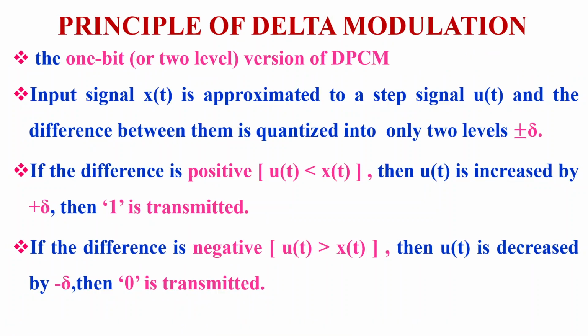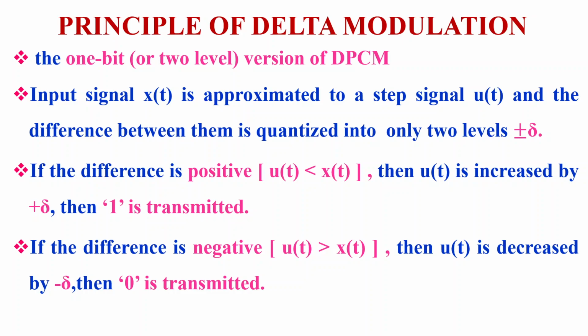So let us see the principle of delta modulation. Delta modulation is a one bit or two level version of differential pulse code modulation. Here either a digital bit 1 or 0 will be used for transmission. So with 1 bit we have two levels, that is 2 power 1 is equal to 2.